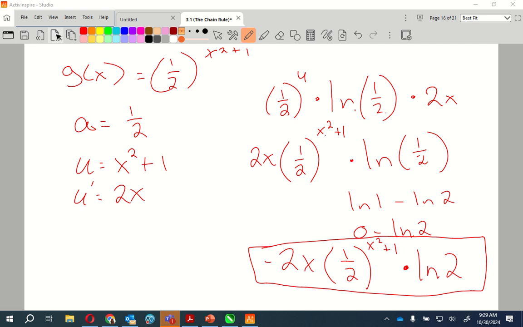Now, serious question here. If I were to have to take the derivative of this again, I want you to look closely here. ln2. I would consider ln2 what? What would I consider ln2?